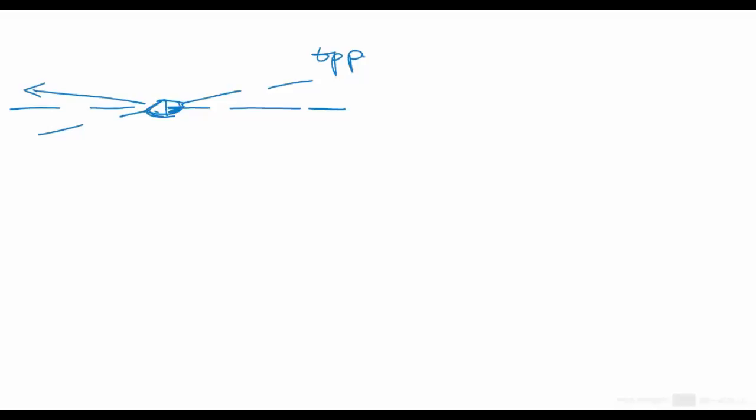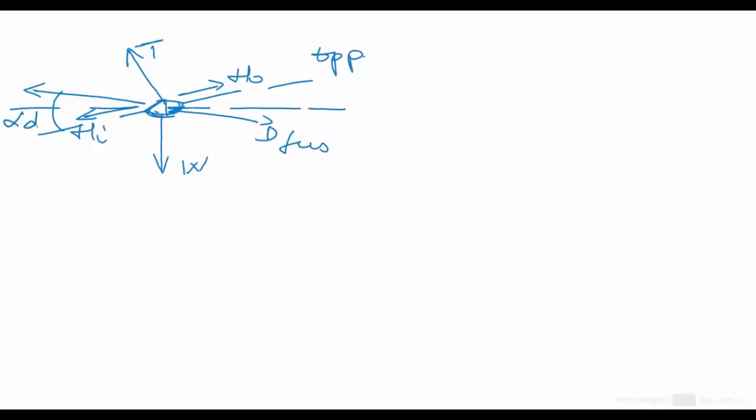So there are the following forces: the force H, the force H0, of course the weight of the helicopter, the drag of the fuselage, and the thrust that we learned is directed forward. This is the angle alpha disk, and gamma is the flight path angle.